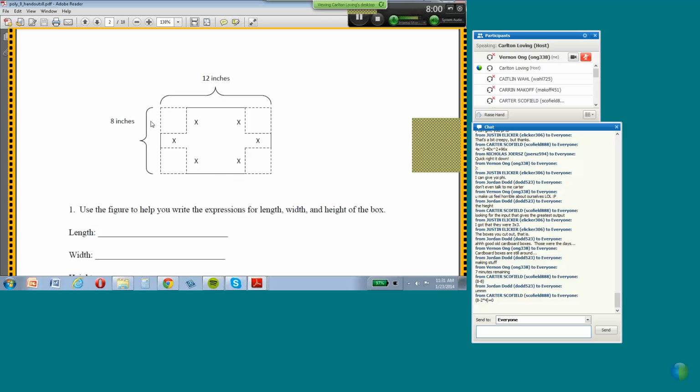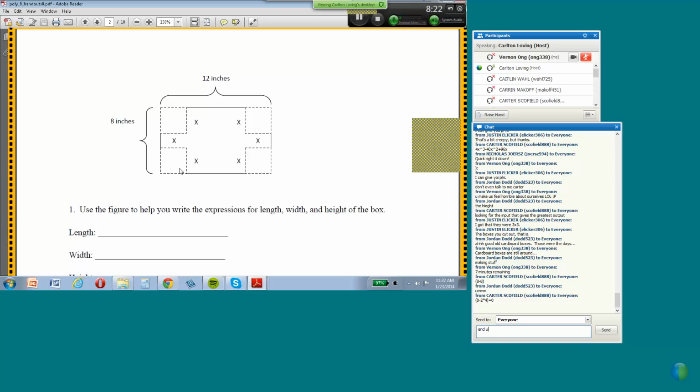The width is only 8 inches. So if you cut 4 inches on this side and 4 inches on this side, then it's going to be 8 minus 4 inches and 8 minus another 4 inches, and you're going to have 0 left. So you again end up not having any kind of box.